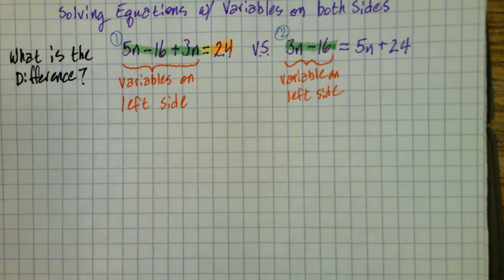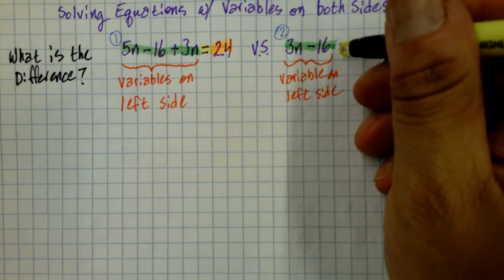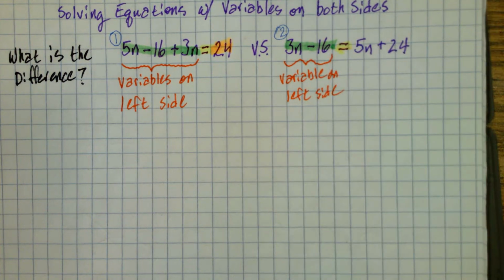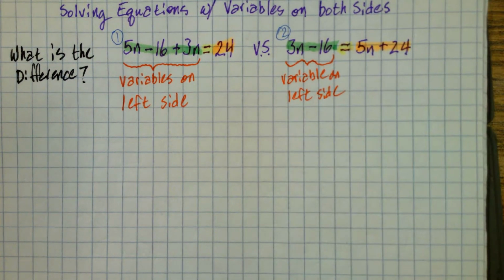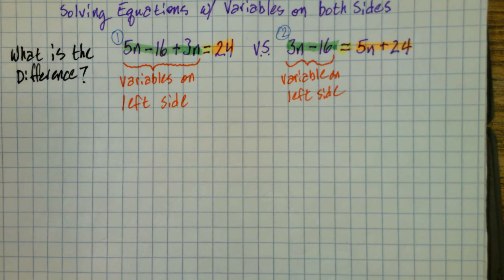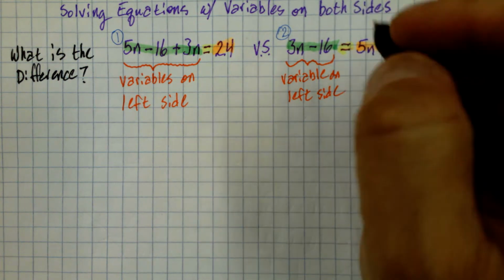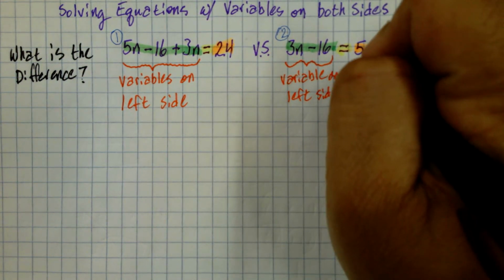We have our equal sign. And then we don't just have a number, we have a whole full other term with variable. And then we have variable on the right.